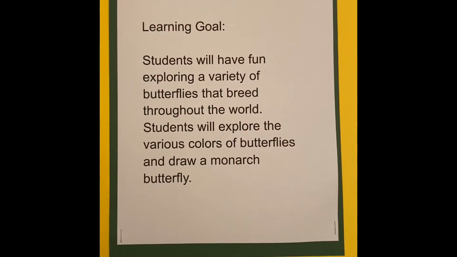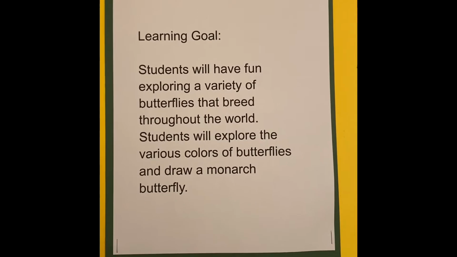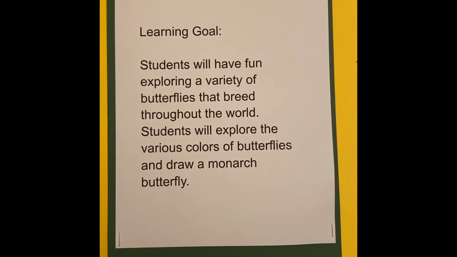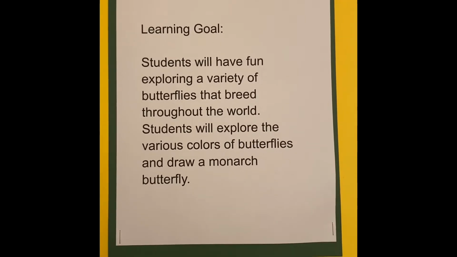So before we get started, I will tell you what supplies you will need, and then you will watch a beautiful short video. Our learning goal for today is students will have fun exploring a variety of butterflies that breed throughout the world.